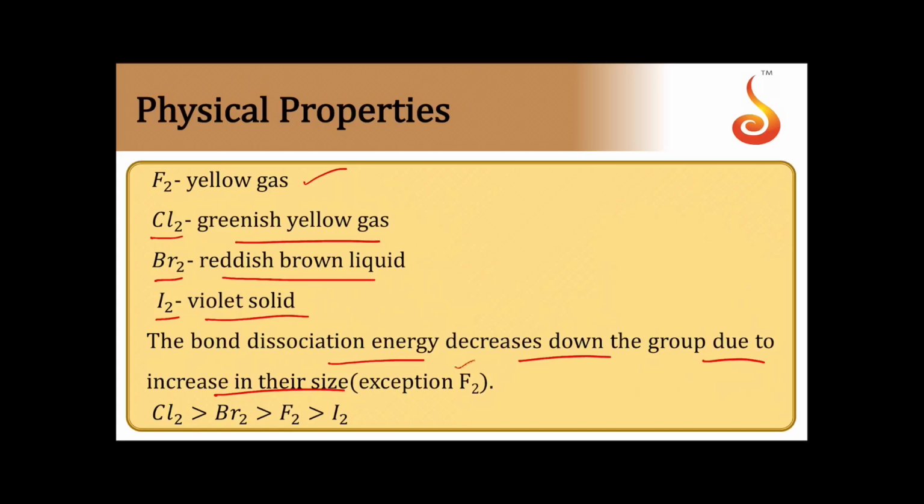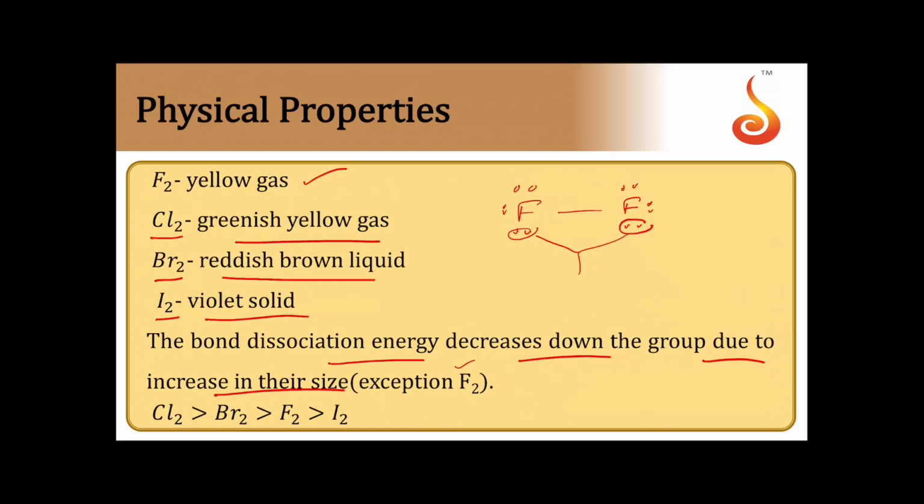Again, the exception is fluorine. Because fluorine is very small in size, to form a fluorine molecule, the fluorine atoms come close and they have non-bonding pairs. So when atoms come close to form the fluorine molecule, the non-bonding pairs also come close to each other and start repelling each other.